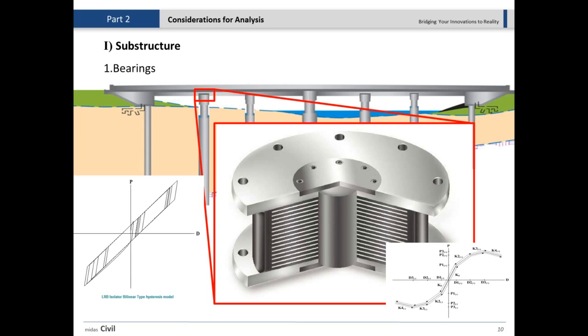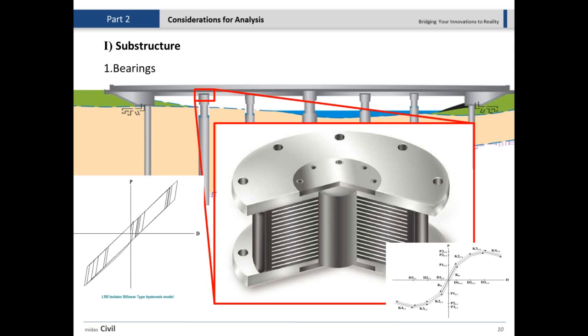There are some existing bridges which may not have enough capacity to handle certain types of earthquakes, because they were constructed 40 or 50 years ago, when maybe there wasn't enough information for seismic design. Now we're going to rehabilitate those, and therefore you run the displacement time history, or in general time history analysis.